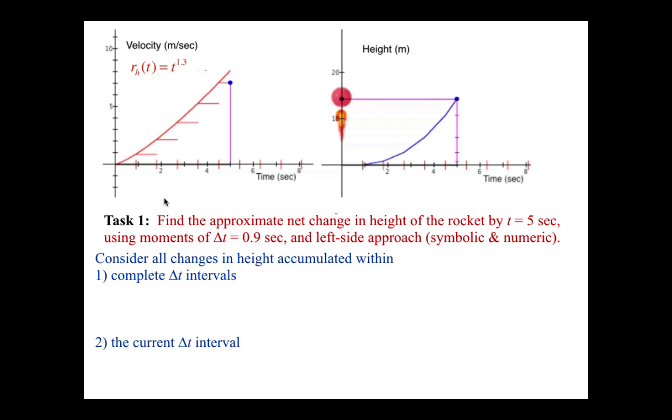The rate at 0 applies to the next 0.9 seconds. And then the rate at 0.9 applies to the next 0.9 seconds. Or between 0.9 and 1.8, the rate that we're using is the actual or exact rate from the left end of that interval. So that's what's meant by this left side approach. There are multiple different approaches, but in the end, when we make delta t extremely small, which is going to be our goal, they all turn out to be the same thing.